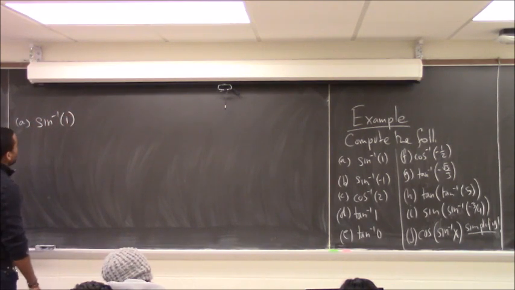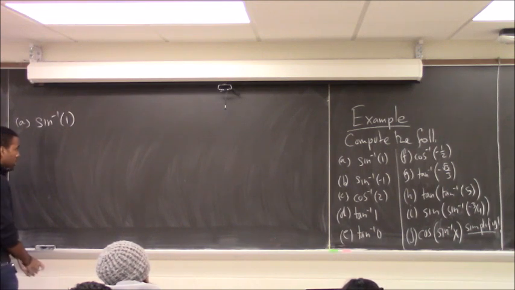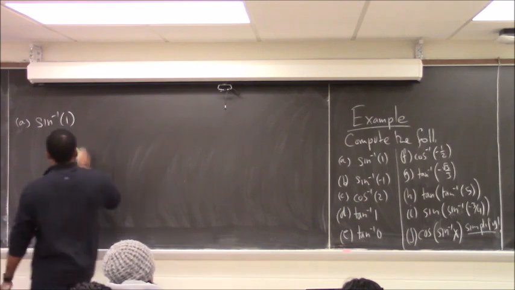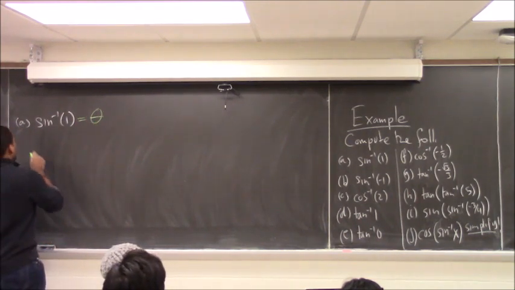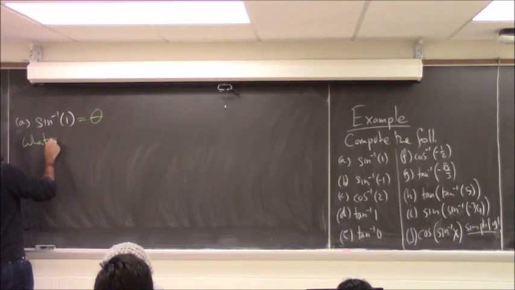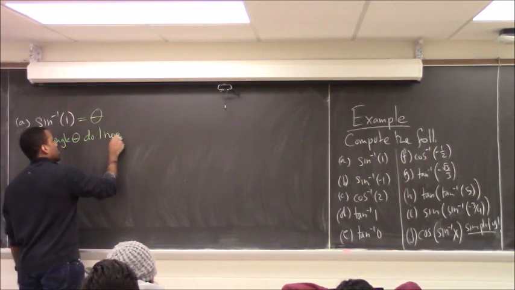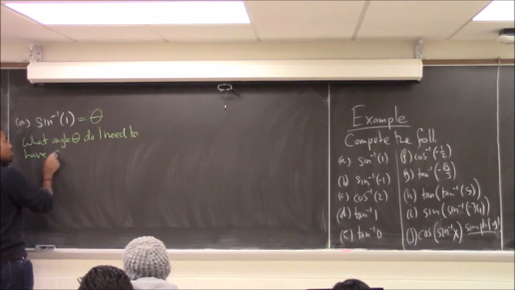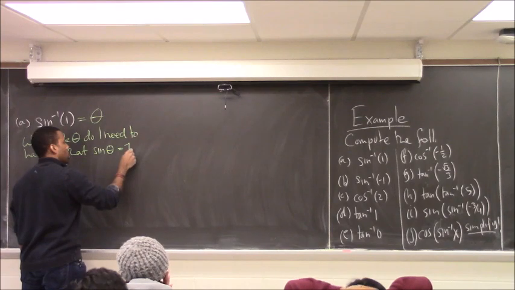Sine inverse of 1. How do you do that? So here's how you want to think about it. If you want to set this equal to something, you would set it equal to some angle. So the question you should be asking yourself is, what angle theta do I need so that the sine of theta gives me 1 as the output?